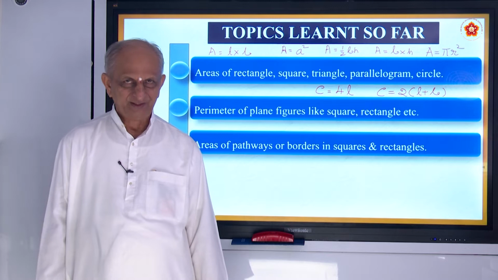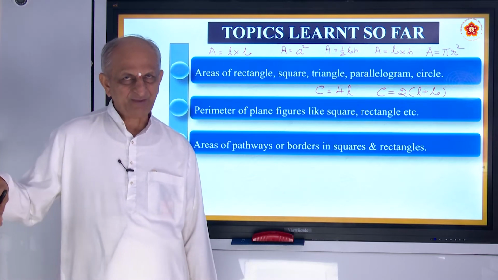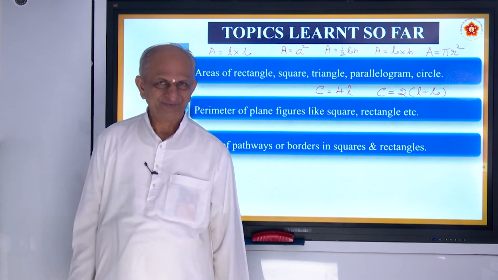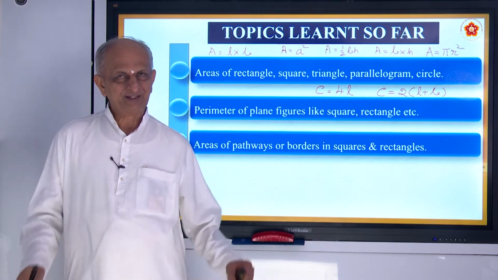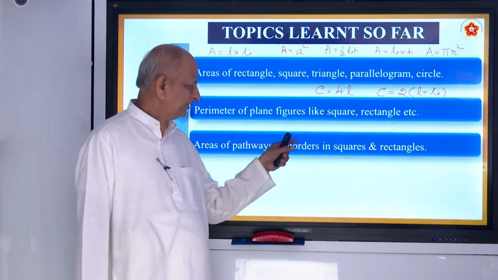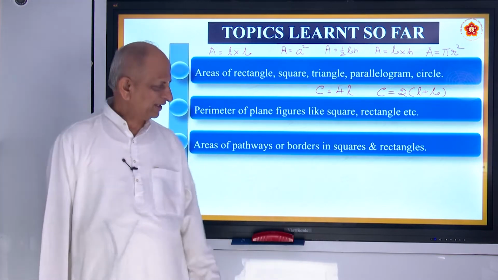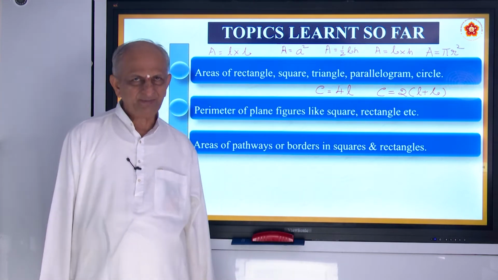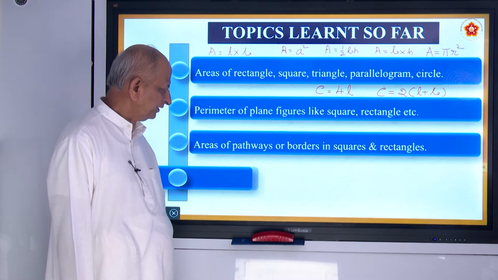In the parks, you can see in the early morning or evenings, a lot of people going for walking. And how do they walk? There will be a pathway. And you must know how to find the area of the pathway. And also areas of borders also, correct? So these are the things we have already seen.